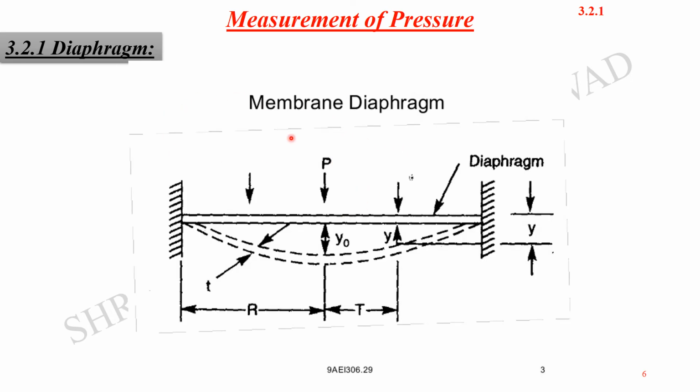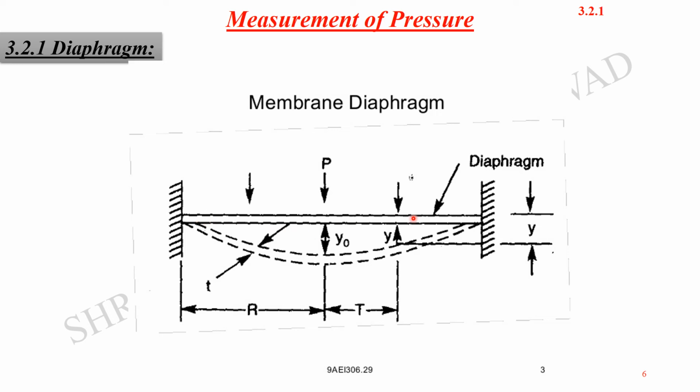The other example is the membrane diaphragm, where originally no pressure is applied, or the pressure difference on both sides becomes 0, and then the membrane becomes a straight line. As pressure gets applied in the downward direction, the inside pressure is obviously lesser than the outside one. If it is considered as the outside pressure, then this will deflect downward, and this deflection at the center of the membrane is considered the maximum displacement.